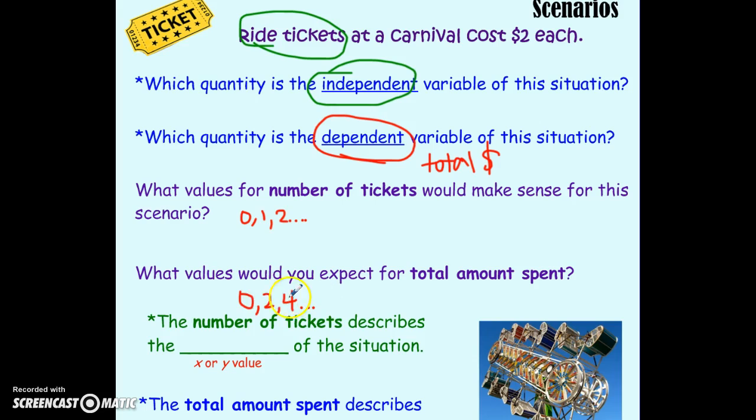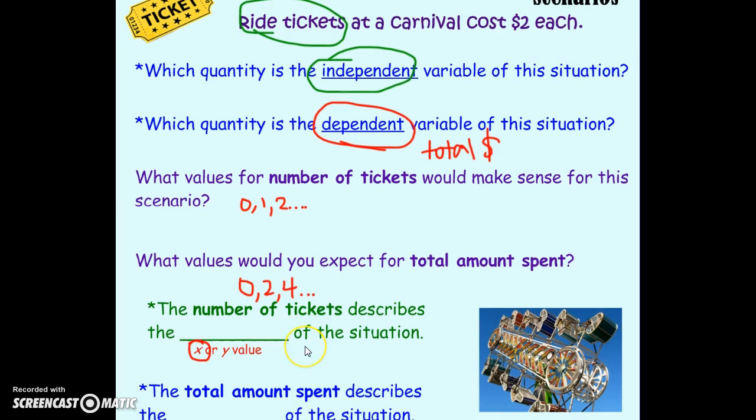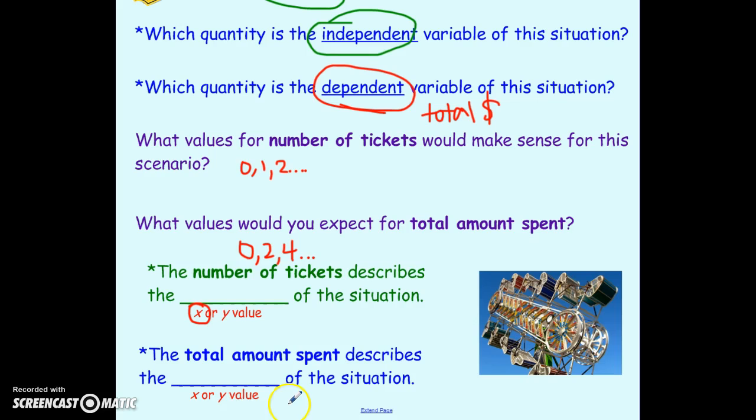But again, I'm not going to spend $3 because that would be a partial ticket, and I'm not going to spend negative money because we can't do that. So the number of tickets describes the X value of the situation, and the total amount spent describes the Y value of the situation.